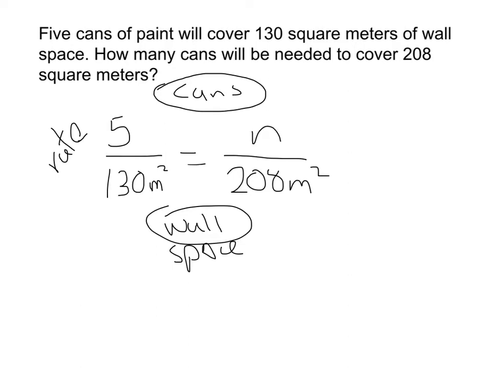To solve this problem, we simply cross multiply or find an easier way to find the equivalent fraction. In this case, cross multiplying is fairly straightforward and is probably the simplest way, which means 5 times 208 will equal 130n.